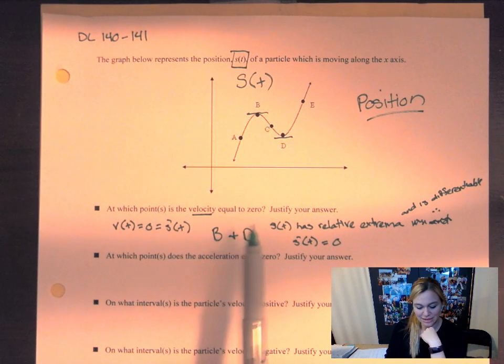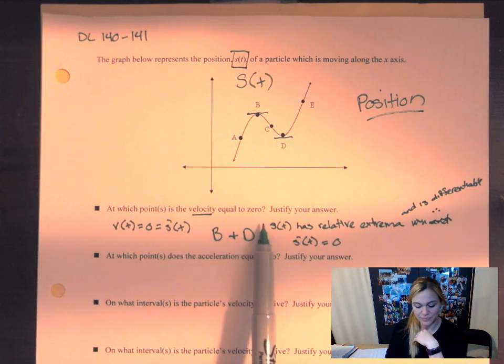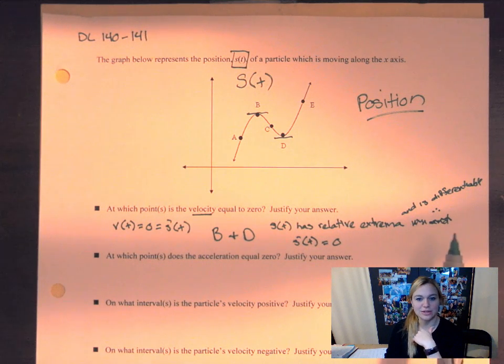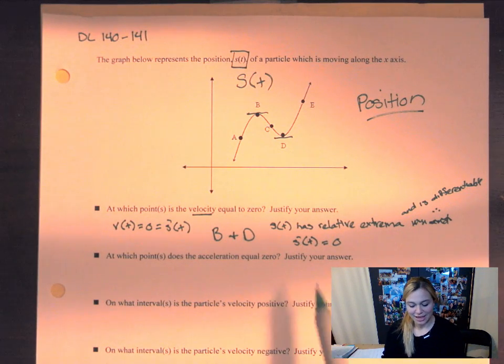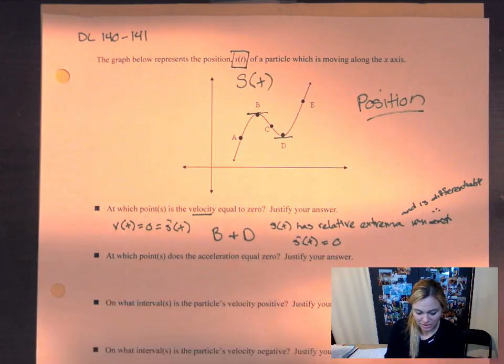But this one we're asking when is velocity equal to 0. I know this is being nitpicky, but that's what I do, so that's okay. So: relative extrema and is differentiable, S prime of t equals 0. So nice smooth curves. Still getting into this though.